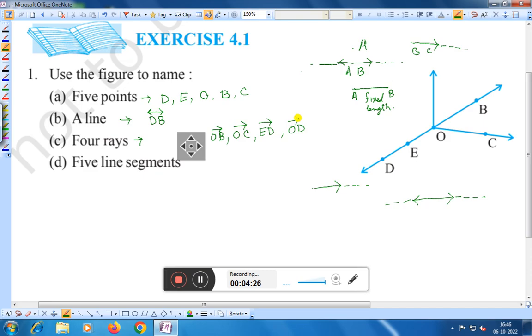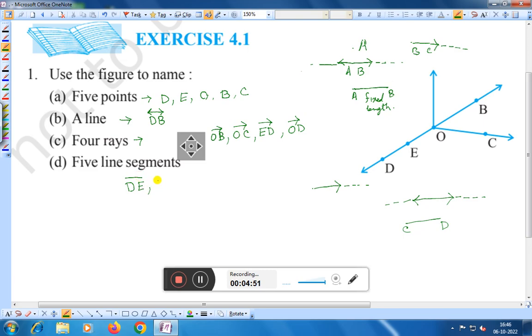And line segments, 5 line segments. I already told you the line segment has two endpoints. Suppose CD. It has two endpoints and the distance between C and D is fixed. It is a fixed length. 5 line segments, therefore you can say 5 line segments, that is DE. DE is one line segment and a line segment is represented by a line like this, right?